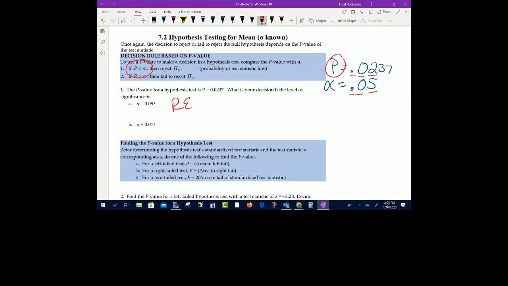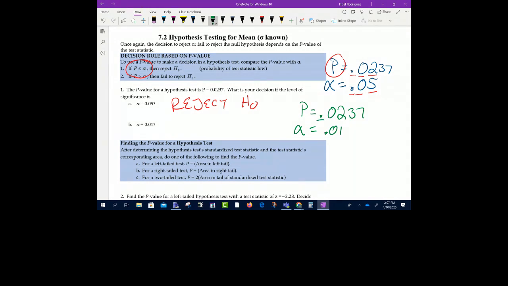We are going to reject the H0. Remember, that's what we called the null hypothesis, because it was easy to understand it that way. All right, I'm going to do the same thing again for part B. For part B, I'm going to write 0.0237, but now my alpha is 0.01.